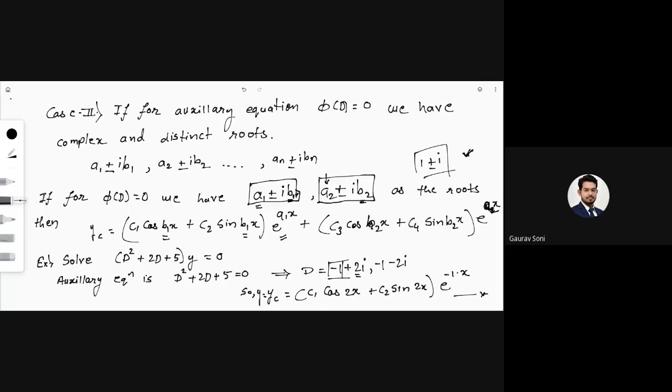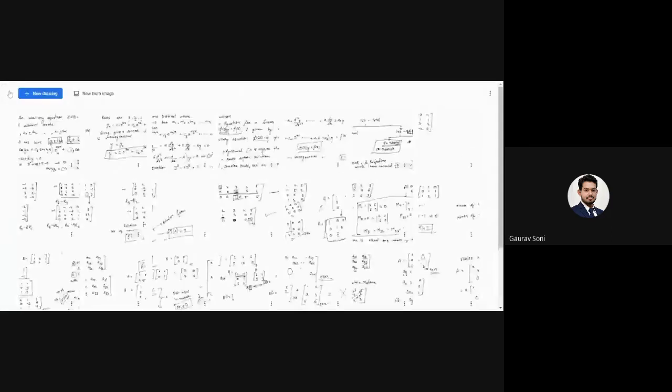So we'll go to the third case. The third case is if you have real and repeated roots.